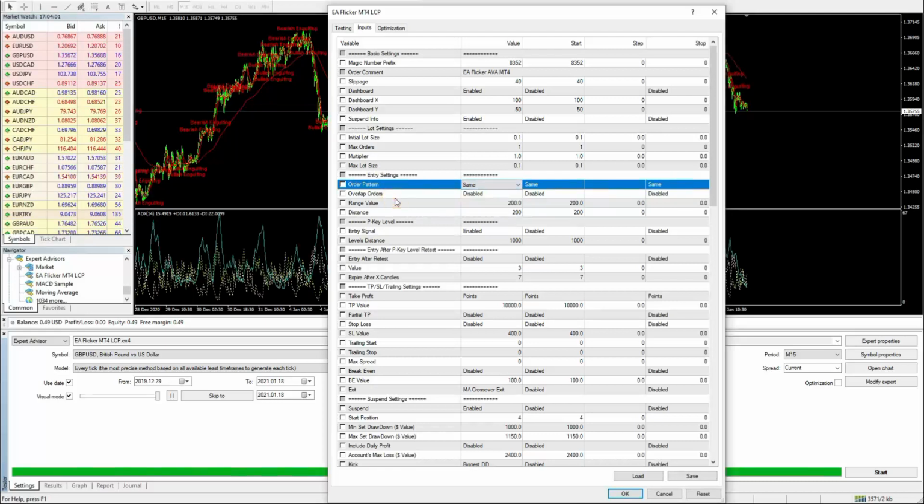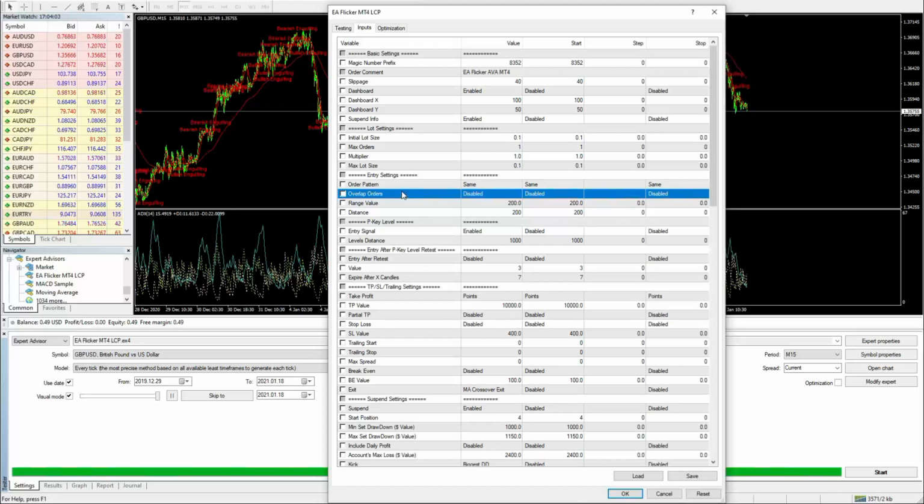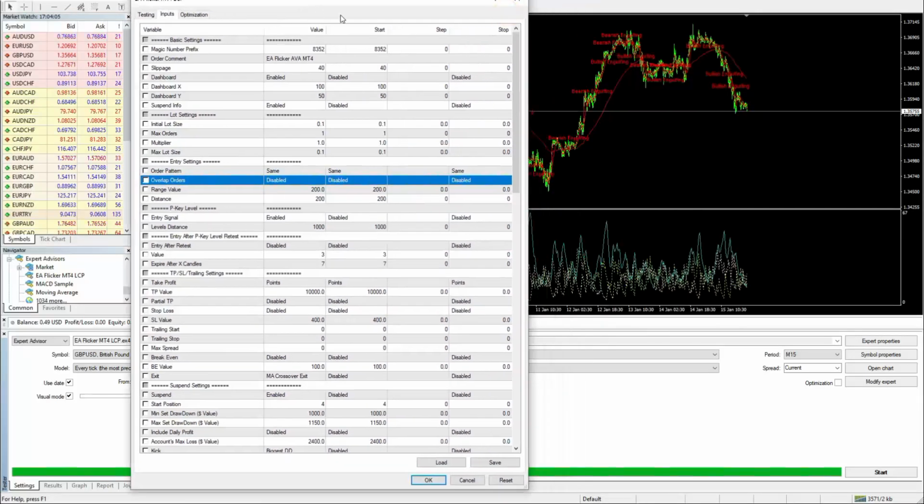Okay, now overlap orders, what this feature means is that if you're using Martingale, you have different levels of equidistance. Let's say you're using 200 as your distance. Now I'm not sure whether you've thought of this before, but what if you can have more than one position at that same level? As in, sometimes price doesn't just go all the way up. Sometimes it lingers, consolidates, that kind of thing.